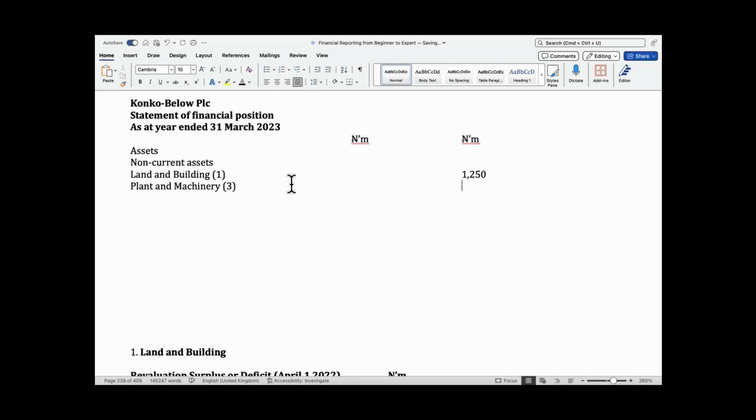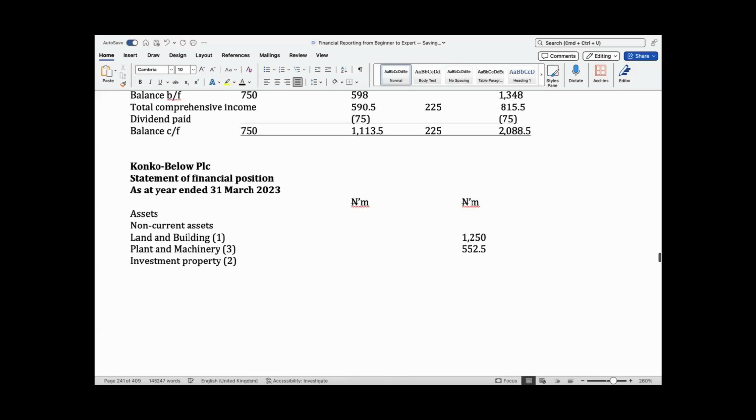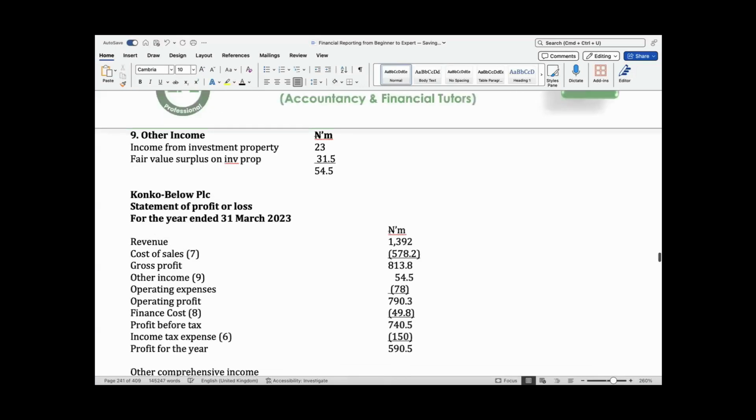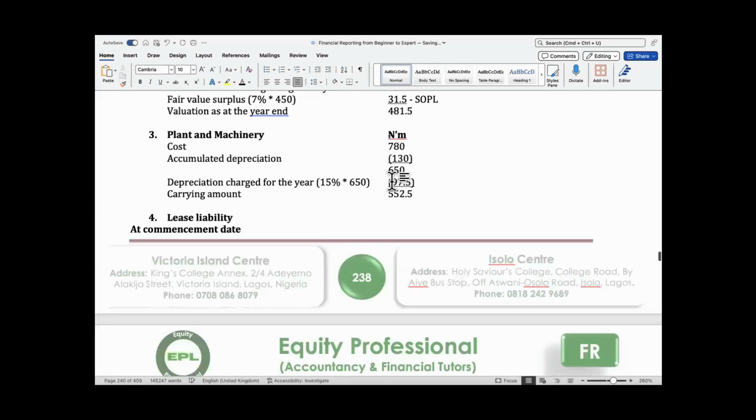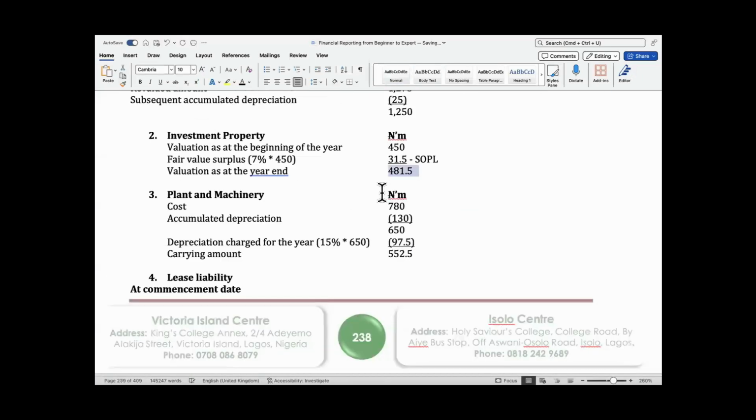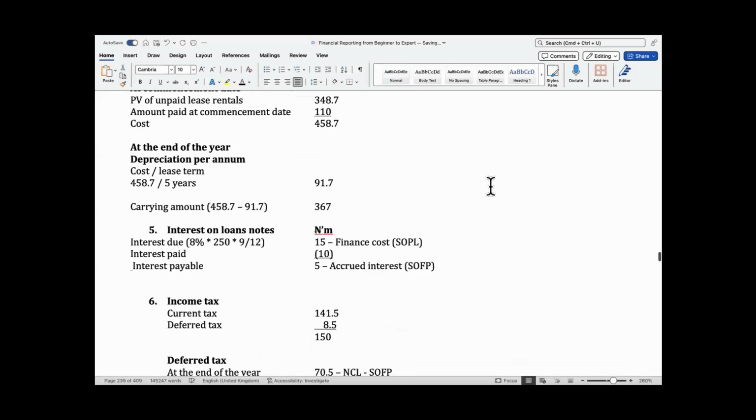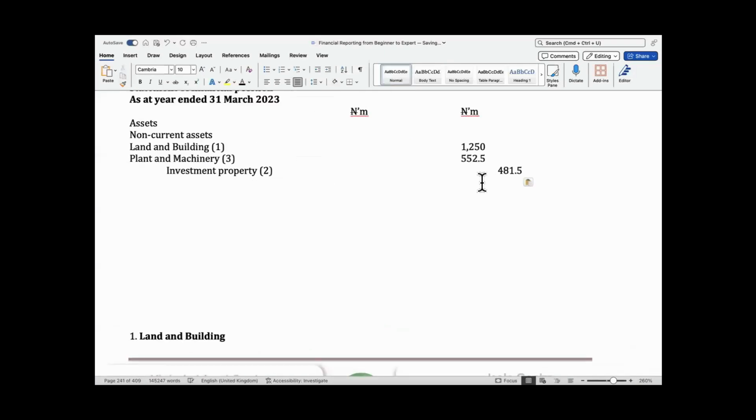My investment property, I believe is working 2. Come here. Yes, 1.5. And insert it here.